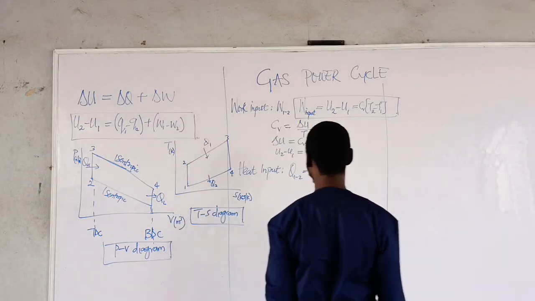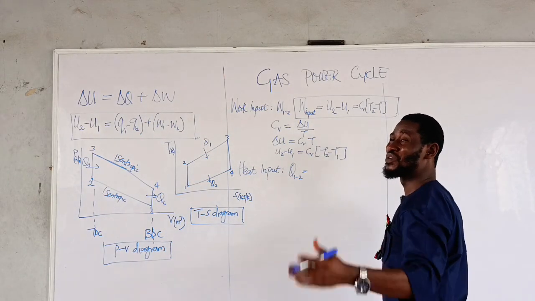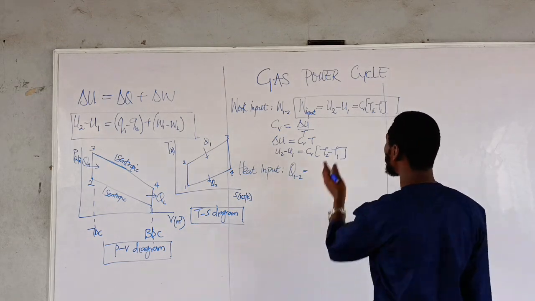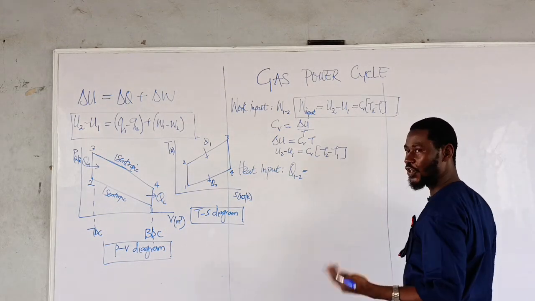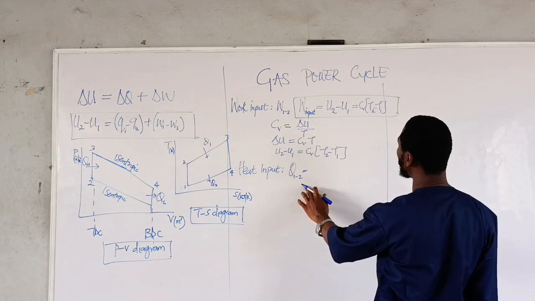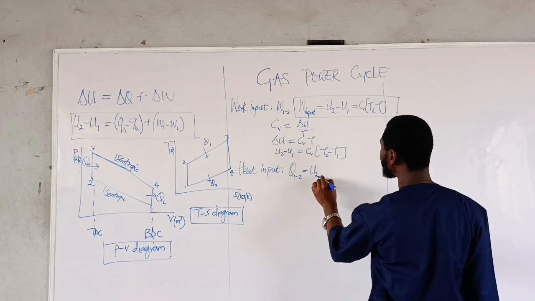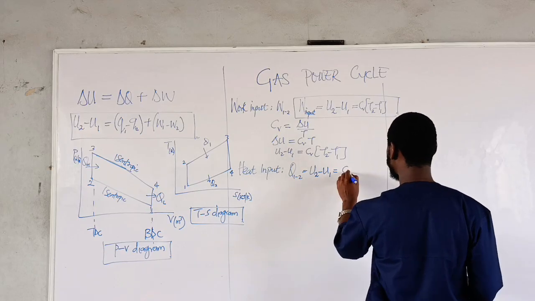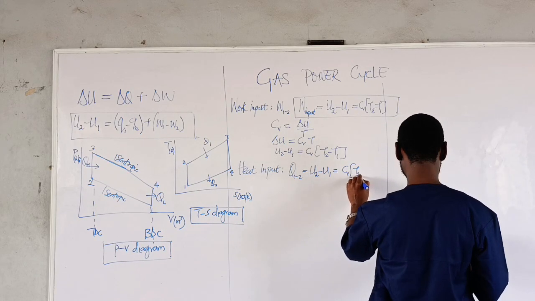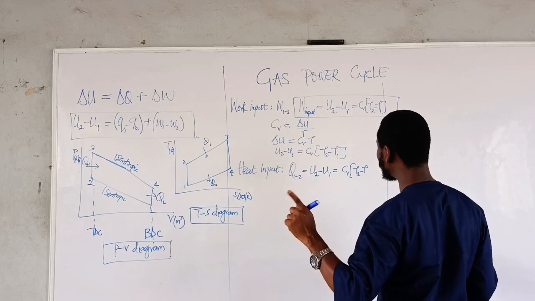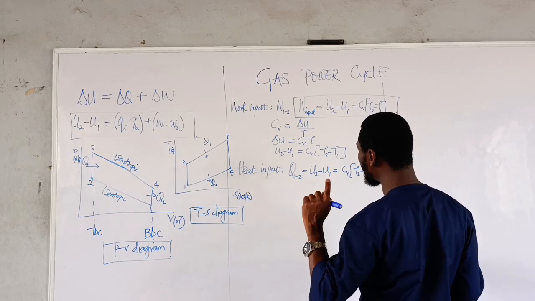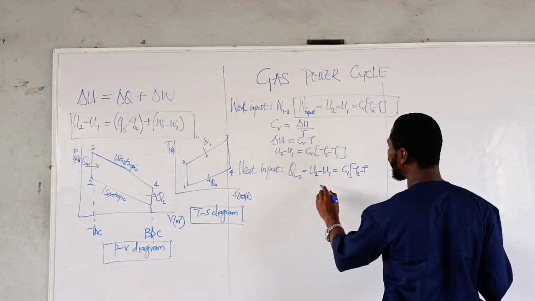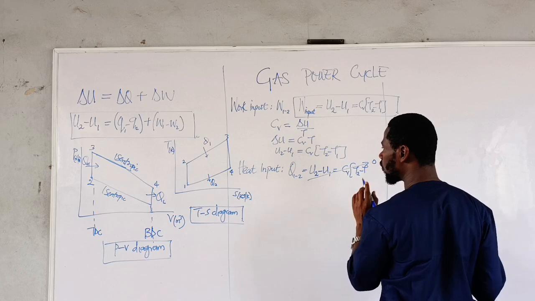Work is 0, so you go back to change in Q equals change in W. Whatever you have at this level for W, you have for Q. Here Q1 to 2 equals U2 minus U1, and U equals CV into bracket T2 minus T1. At that level, we said there is no heat transfer from 1 to 2, so the whole process tends to 0.